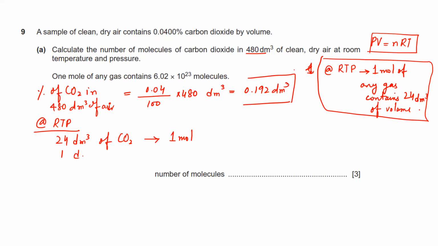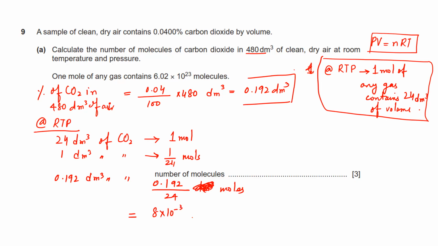So it means that 1 dm cube of CO2 will have 1 by 24 moles, and 0.192 decimeter cube of CO2 will have 0.192 divided by 24 moles. So the number of moles is 8 into 10 to the power minus 3 moles. And 1 mole of gas contains this many molecules.